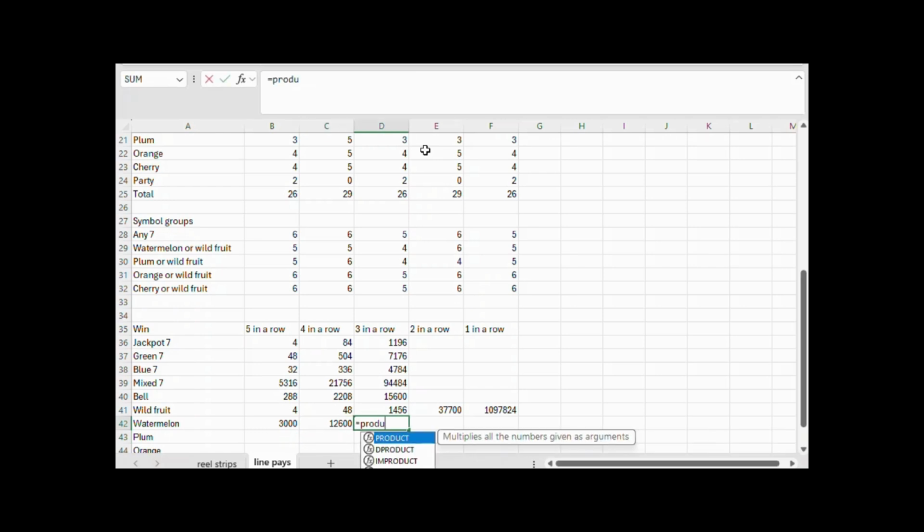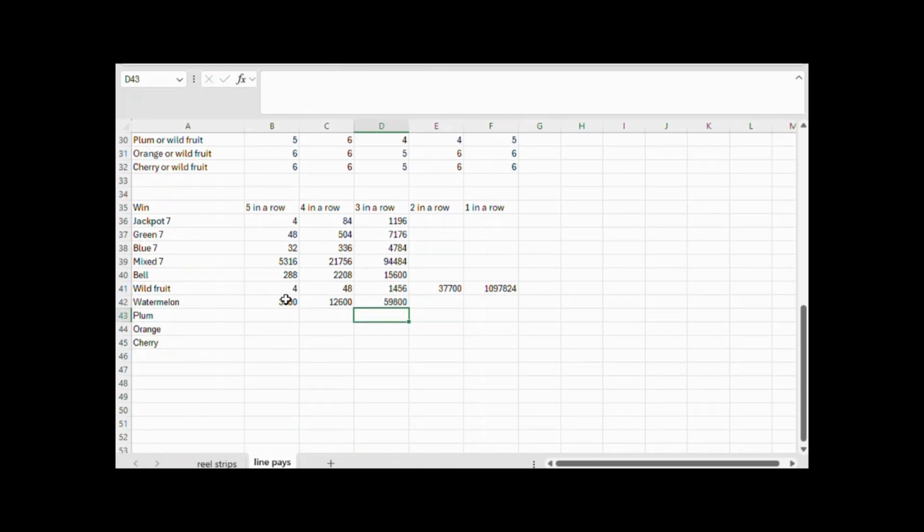And for 3 in a row, we do the first 3 reels times the number of ways to not get a watermelon or wild on reel 4, times the number of total stops on reel 5. And again, we're going to put a $ sign in front of the 25s. And now we're going to copy and paste those formulas down to get the combinations for the other 3 types of fruit.